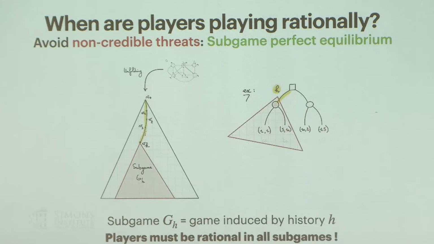Okay, and subgame perfection is exactly removing this. So it is asking that for all possible histories in the game, and so this is the unfolding of the game, if we take any history in the subgame, we should observe a Nash equilibrium also, for the profile to be a subgame perfect Nash equilibrium. Okay, and in my example here, this is not the case for this subgame.